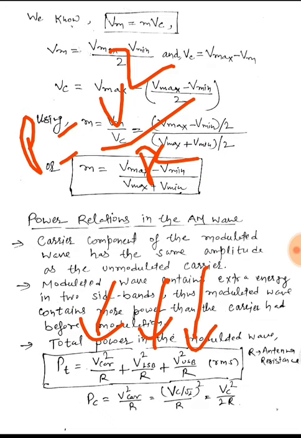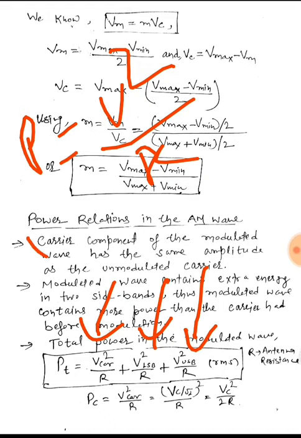This is the power of upper sideband. V carrier is the amplitude of carrier, VLSB is the amplitude of lower sideband, and VUSB is the amplitude of upper sideband.